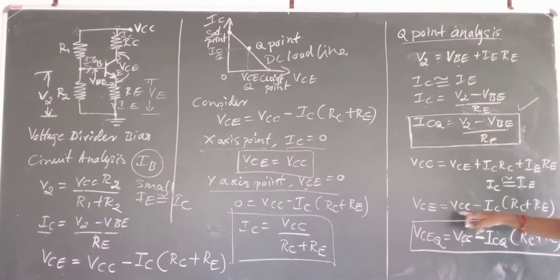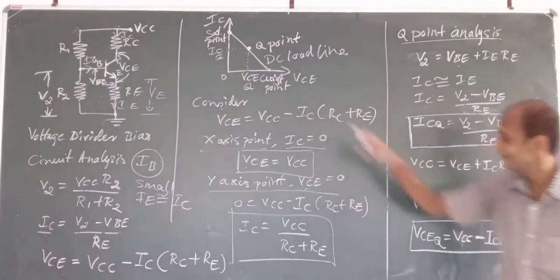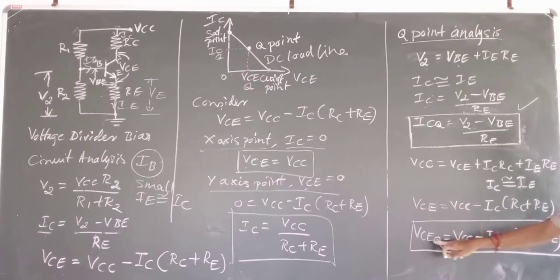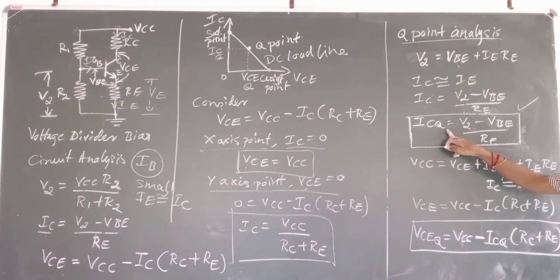I will call this VCE as VCEQ. So VCEQ will be equal to VCC minus ICQ into RC plus RE, taking IC as the ICQ I found here.